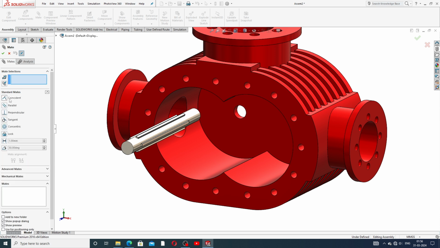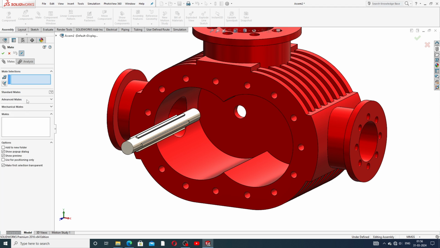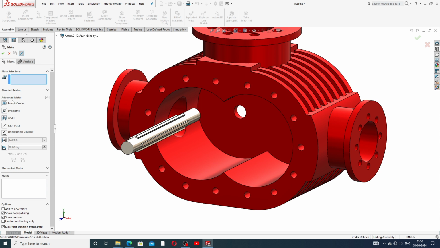In the standard mate there are coincident, parallel, perpendicular, tangent, concentric, lock, and distance, all perfect. Then go to the advanced mate: profile center, symmetric, and width, which is a very important lecture discussed here, and path mate, linear coupler, and distance.